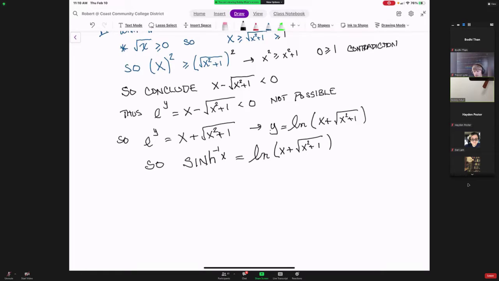All right, changing gears here. We're going to develop something new. Now, this really isn't a technique of integration. It's more of an algebra result.